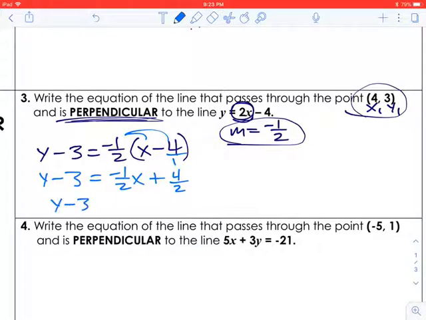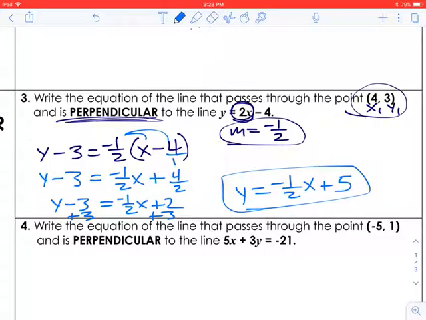So that's y minus 3 equals -1/2x plus 2. And now I just get y by itself by adding 3. Y equals -1/2x plus 5. And there's my equation. So it's perpendicular because it has a perpendicular slope, and then I have the point here to plug in.